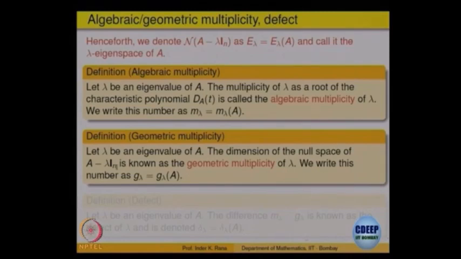Nullity gives the dimension. That is called the geometric multiplicity, written as g lambda or g lambda of A. So, g for geometric multiplicity, m lambda for algebraic multiplicity. So, when do you think a matrix will be diagonalizable?